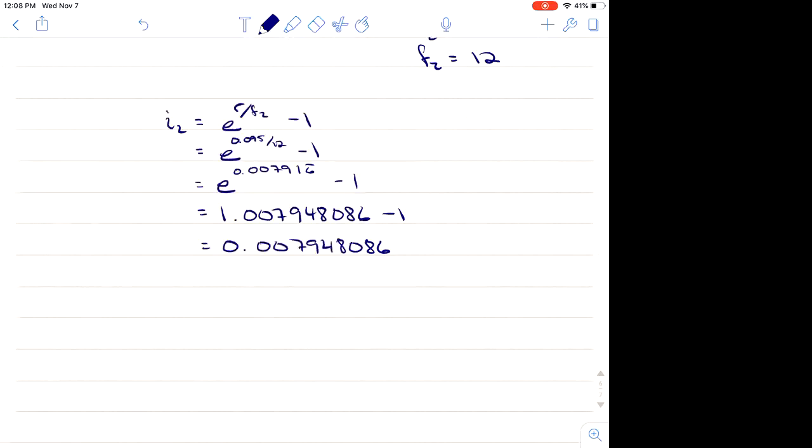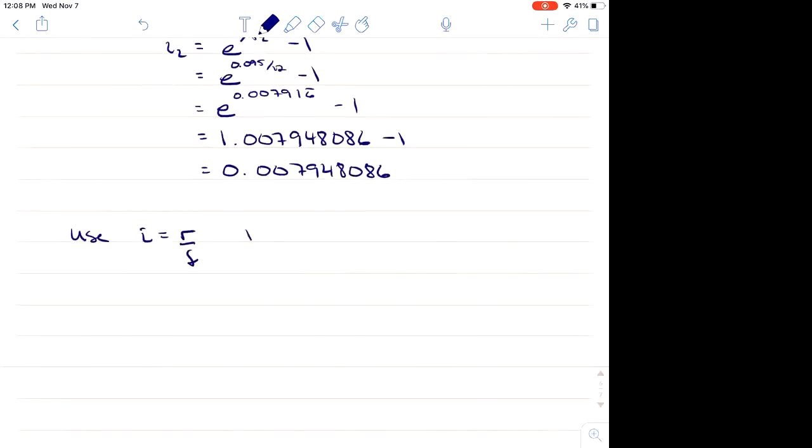Now we can use I equals R over F to find R. Or I2 equals R over F2.